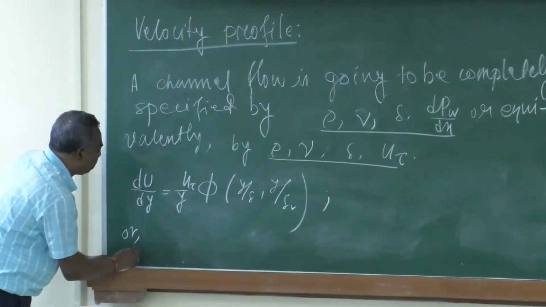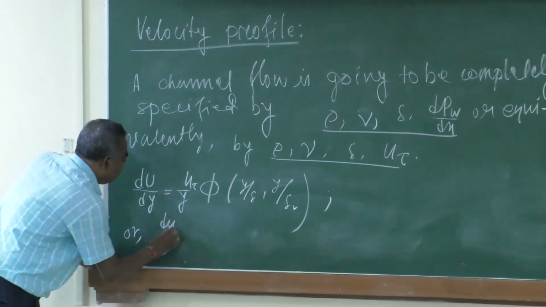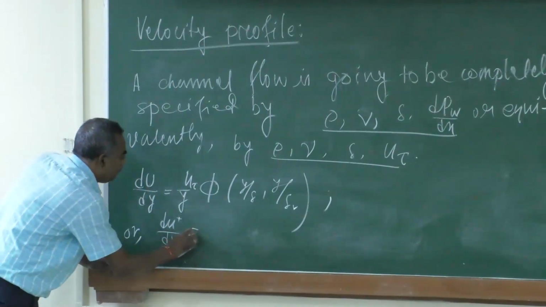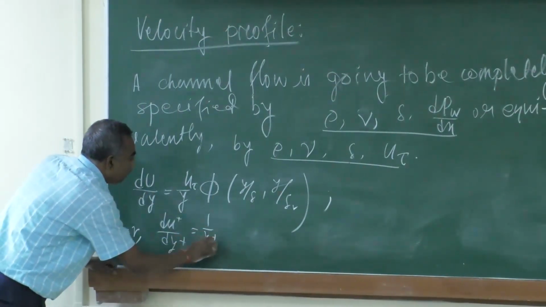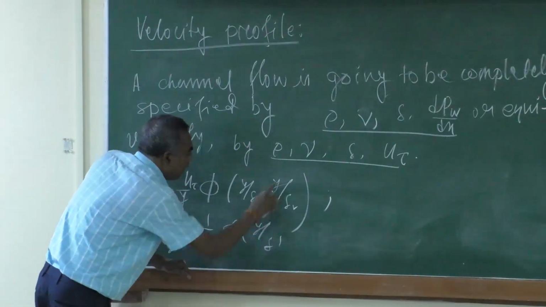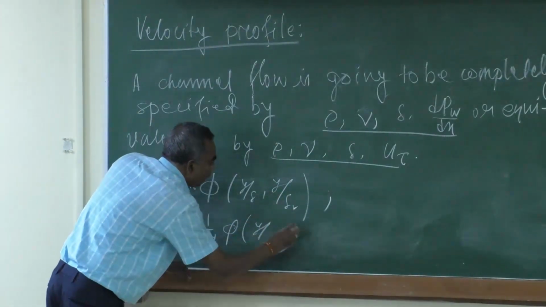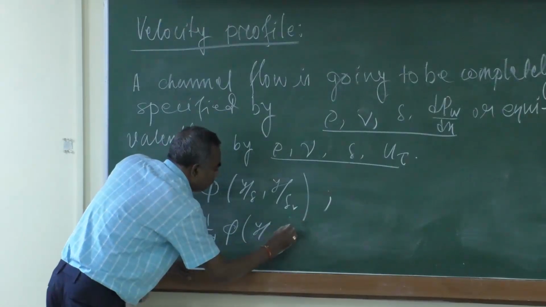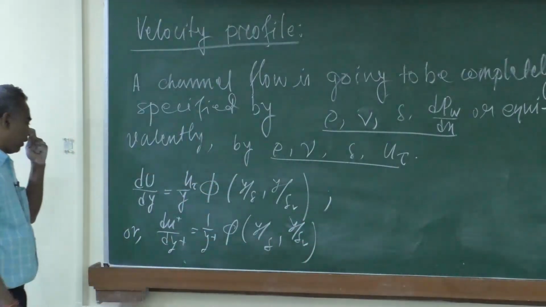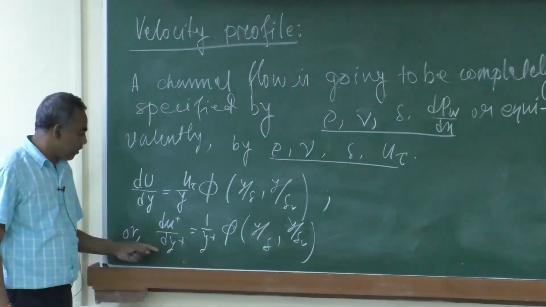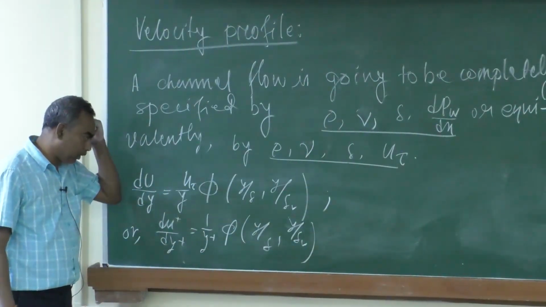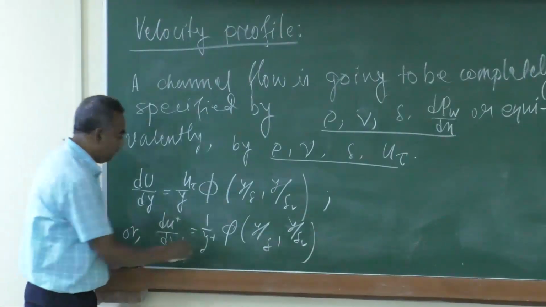So, this equation then can be written as du plus d y plus equals 1 by y plus phi of y by delta, and 1 by delta v is nothing but a function of y plus. This is the non-dimensional equation which you can find.